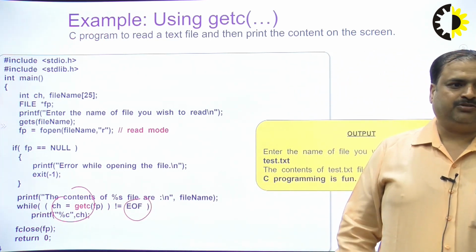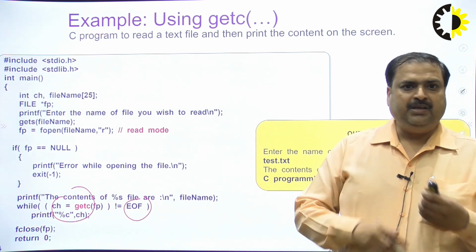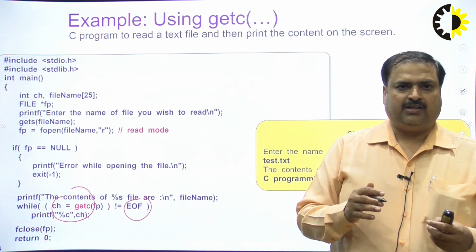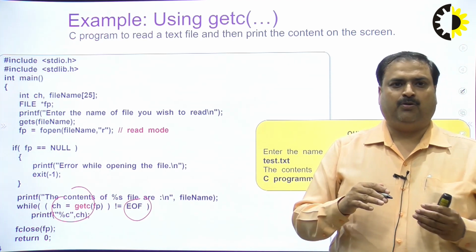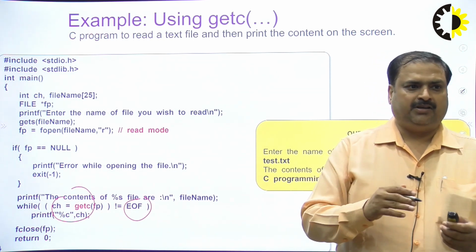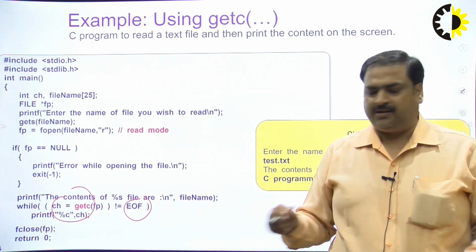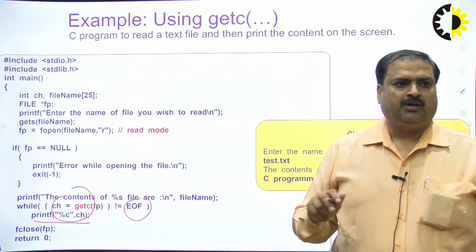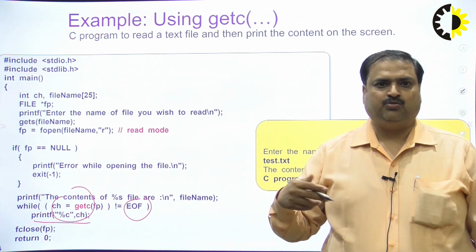This can also be used for copying one file to another file. For copying, what will happen? We will open one file in read mode. We will open another file in write mode, and we read character by character from file 1 and write. Rather than using the printf statement, we can use fputc, that means we are putting to the file.